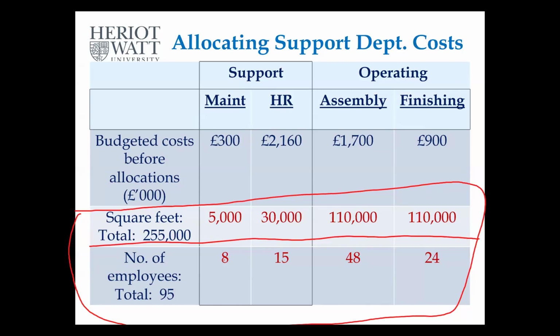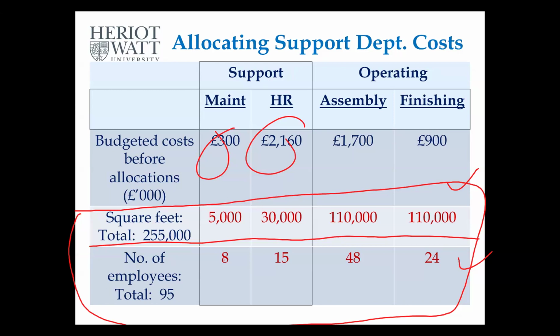So you can use the square feet. You can also use the number of employees. Now, listen carefully. These are the two bases of apportionment to allocate these two costs, so you have to choose the most appropriate. The question may not tell you exactly what to use, but you have to choose the one that is directly linked to that department.